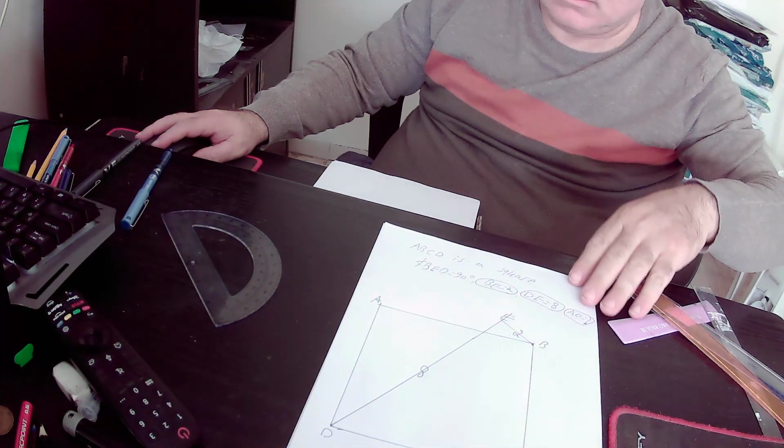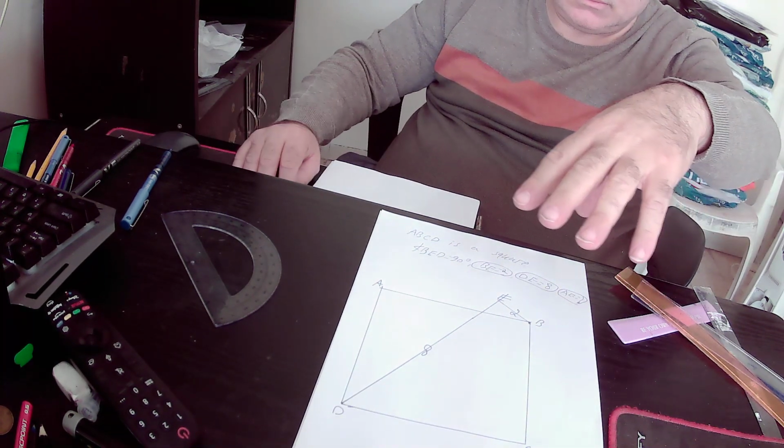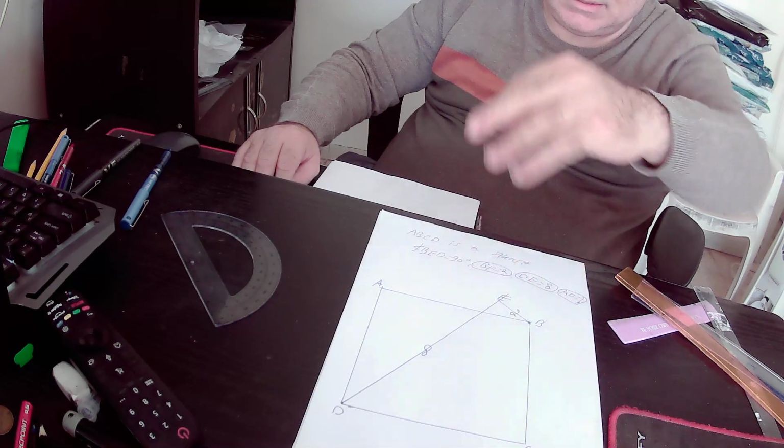Hello, in this lecture we will find the size of line segment AE. In the drawing we have square ABCD.